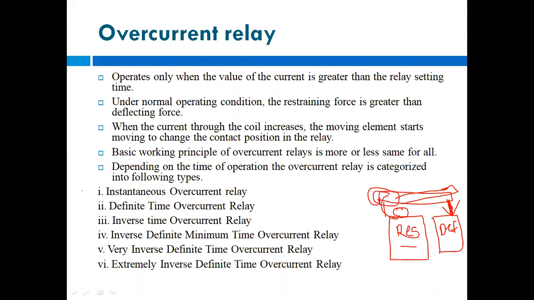Depending upon the time of operation of this overcurrent relay, these relays can be classified as: first, instantaneous overcurrent relay; then definite time overcurrent relay; inverse time overcurrent relay; then inverse definite minimum time, that is the IDMT overcurrent relay; then very inverse definite time overcurrent relay; and extremely inverse definite time overcurrent relay.